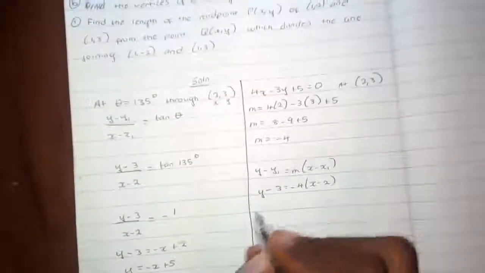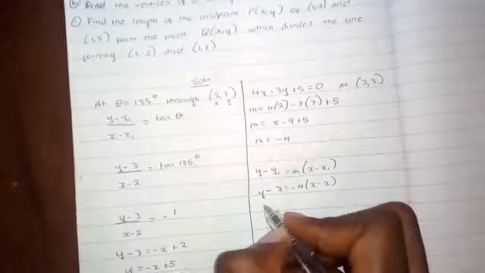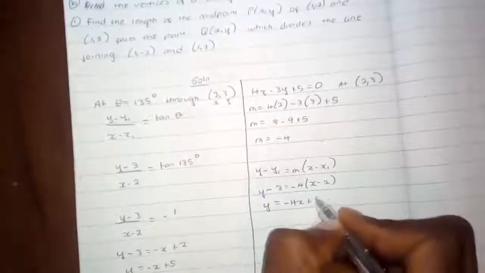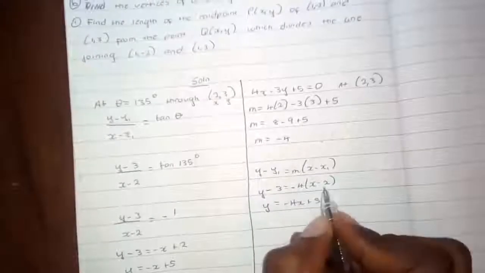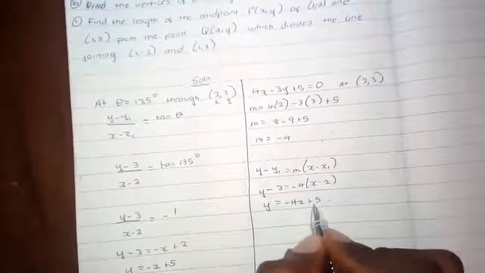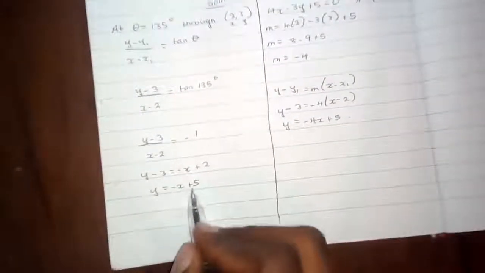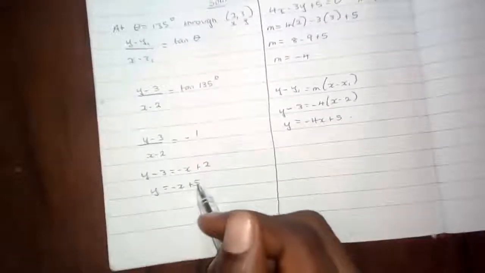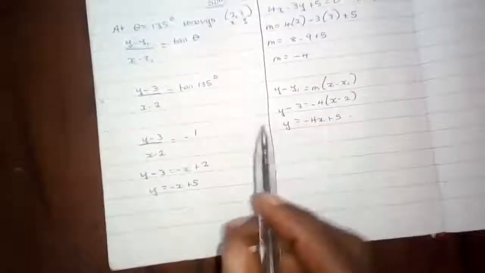Solving this, first of all you open the brackets, then collect like terms. You have y equals -4x + 5. So these are the two equations we have: y equals -x + 5 and y equals -4x + 5. Note, what is common between the two equations is that they have the same intercept. This is our intercept, this is our intercept. They have the same intercept.